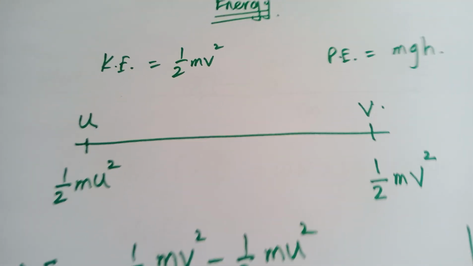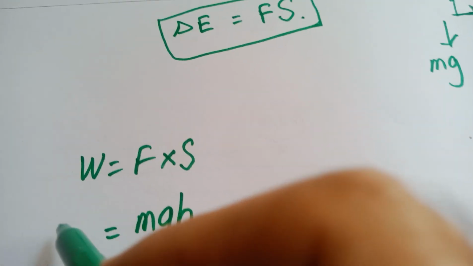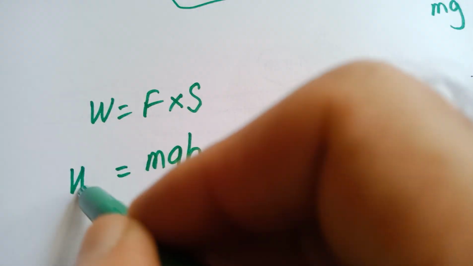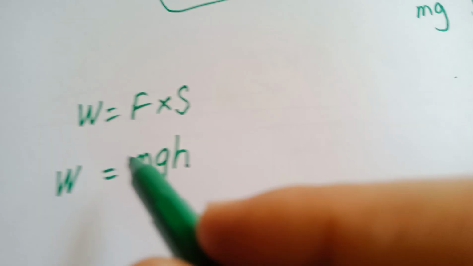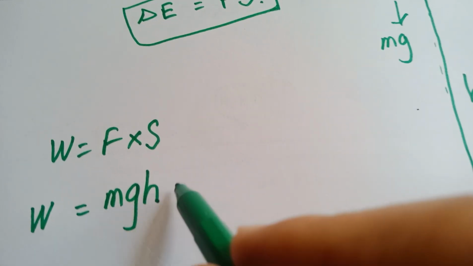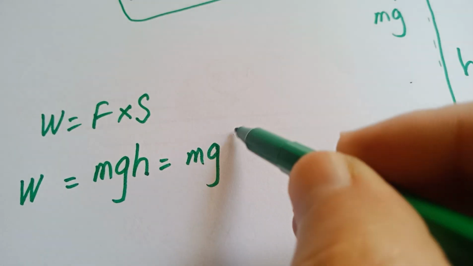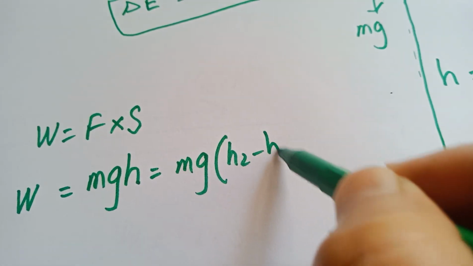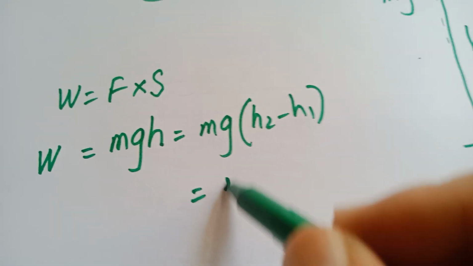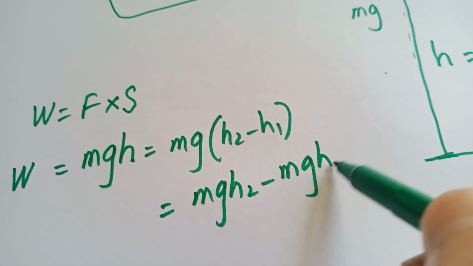So you have seen that there is a relationship between work and either the kinetic energy or the potential energy. That is the work done by the driving force. We have just one force over here. So the work is, if you allow me to write it, mg times h2 minus h1, that is mgh2 minus mgh1.